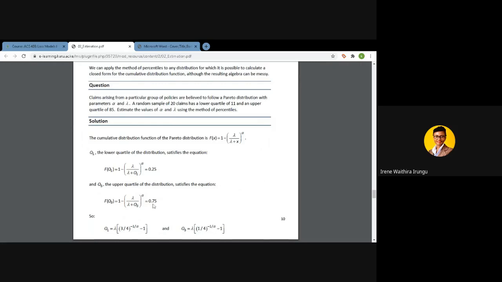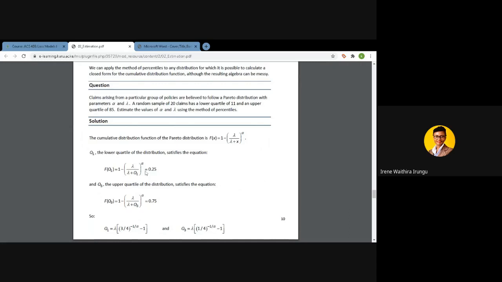So that's why you have the 0.75. We want to estimate my alpha and my lambda, and we are already given the lower quartile Q1 as 11, and the upper quartile, which is the third quartile, as 85.